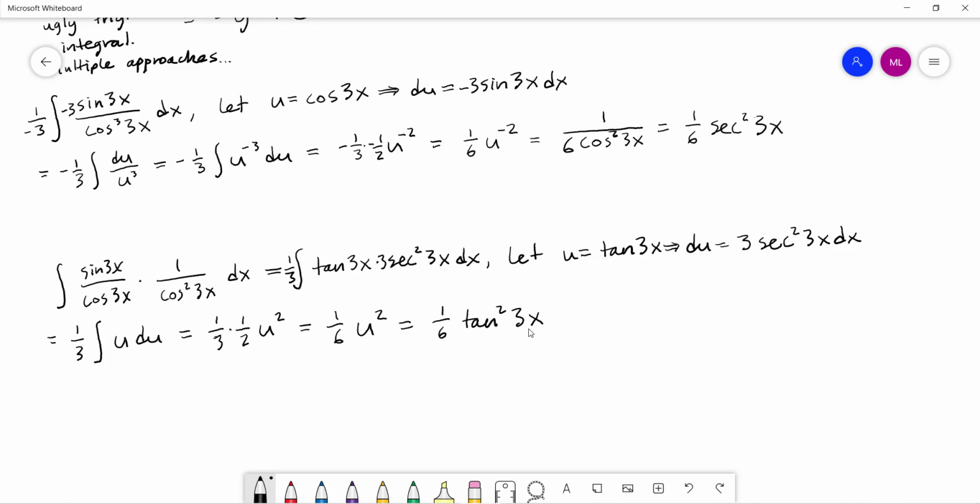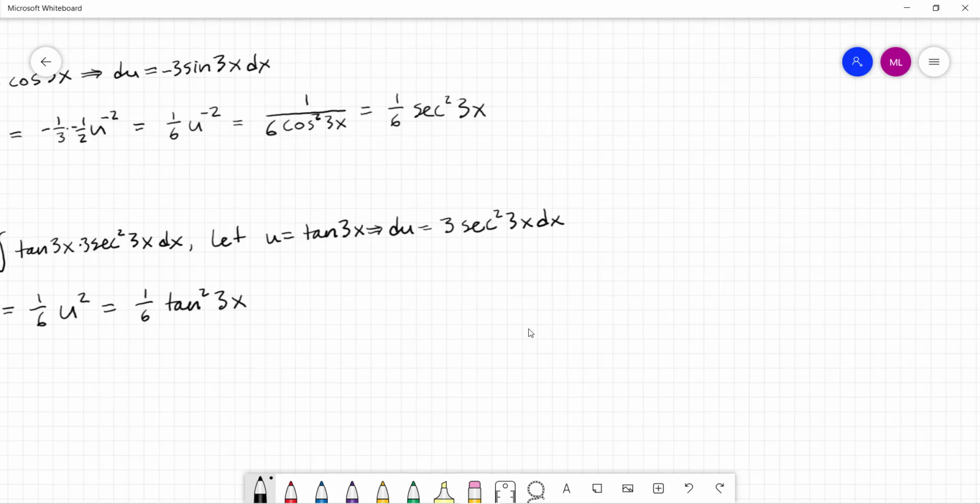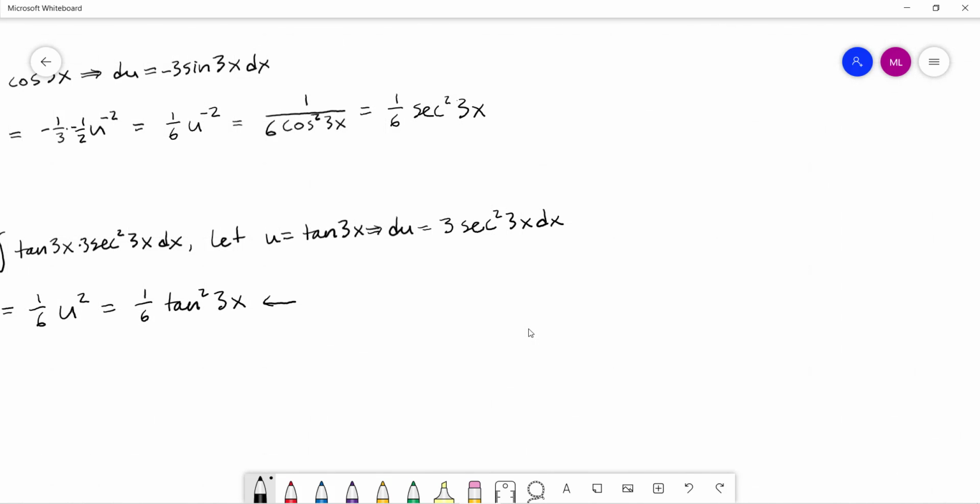But the question is, how do they differ? These two things, even though they look different, and it's like, okay, maybe we screwed up, we didn't screw up. These two solutions differ by a constant.